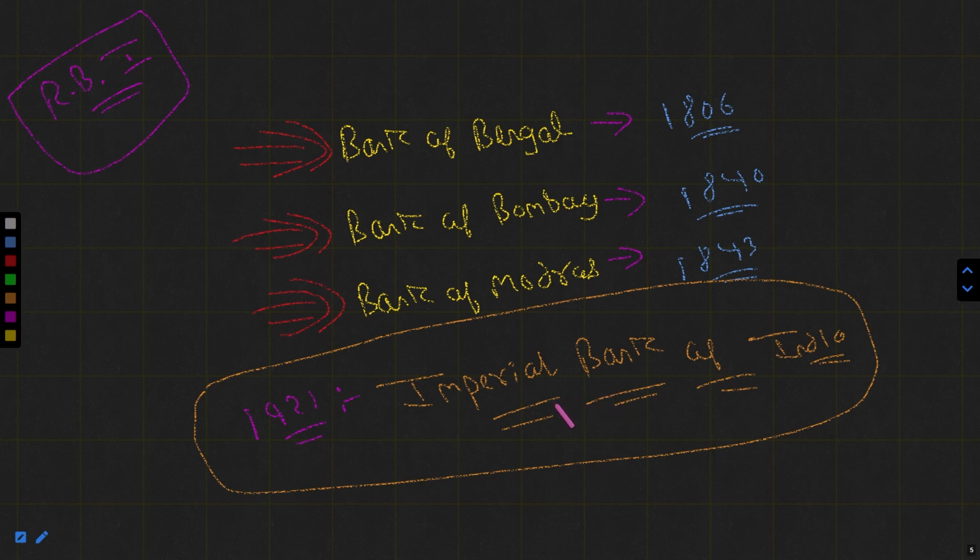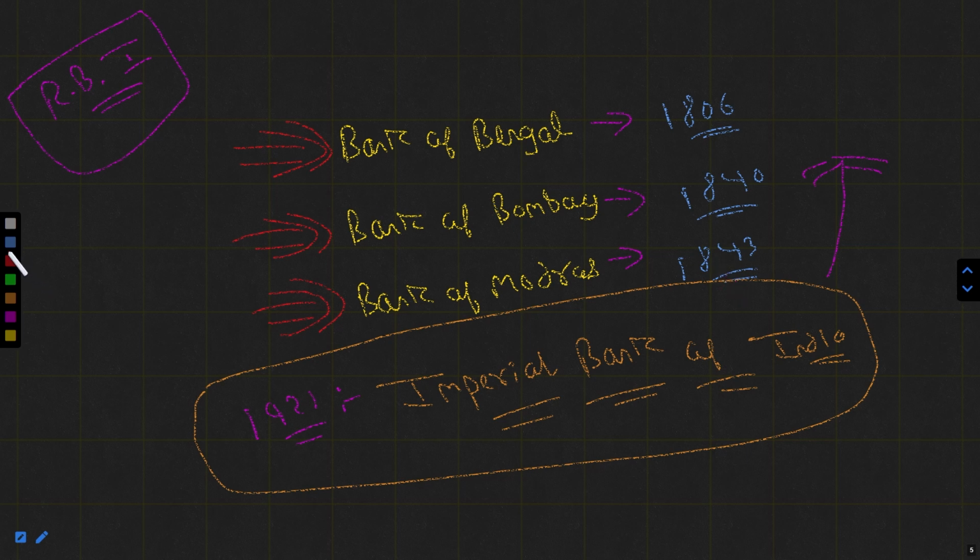So now the question is, what happened to the Imperial Bank of India then? I had told you already in the previous lectures. I am going to give you 10 seconds, then I will give you the answer. Your time starts now. 1, 2, 3, 4, 5, 6, 7, 8, 9, 10. Time's up.